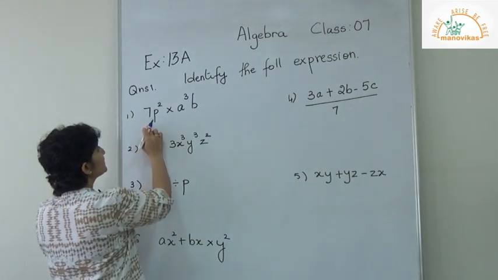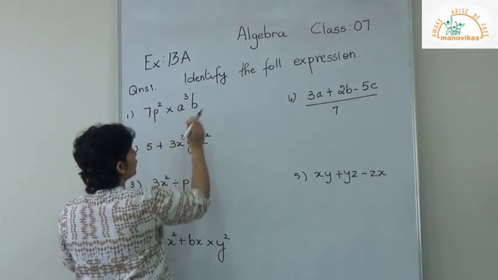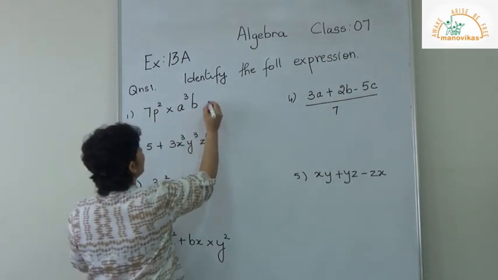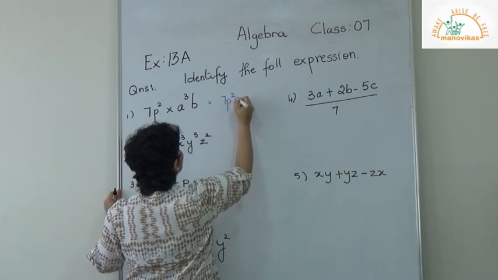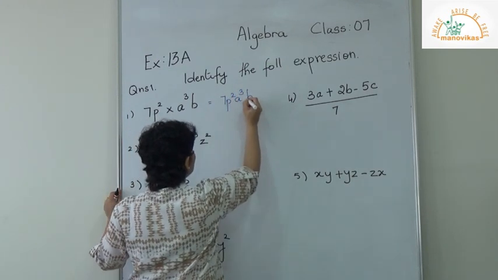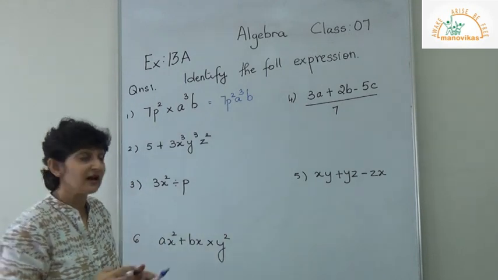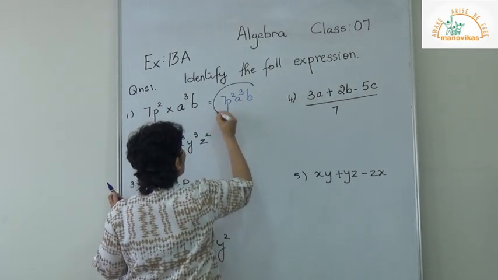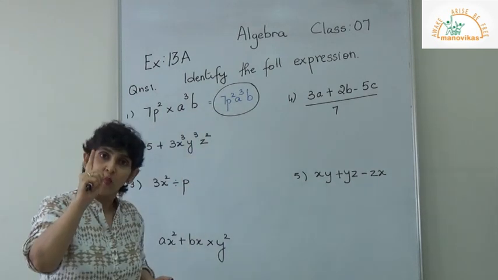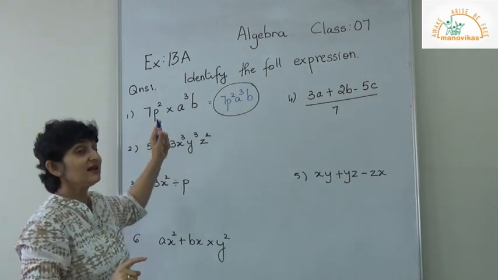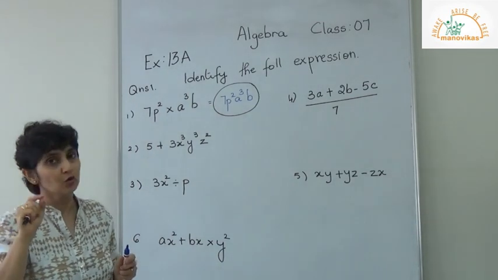So when you have 7b squared into a cube b, my answer actually here is 7b squared a cube b. So this becomes one term. Did you understand? This is one term. So that is why this is a monomial.